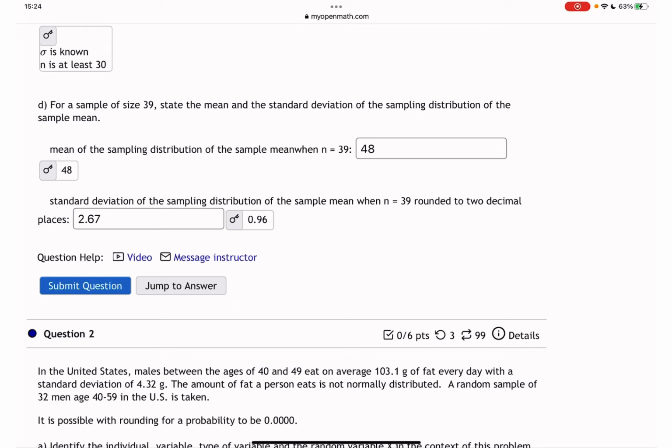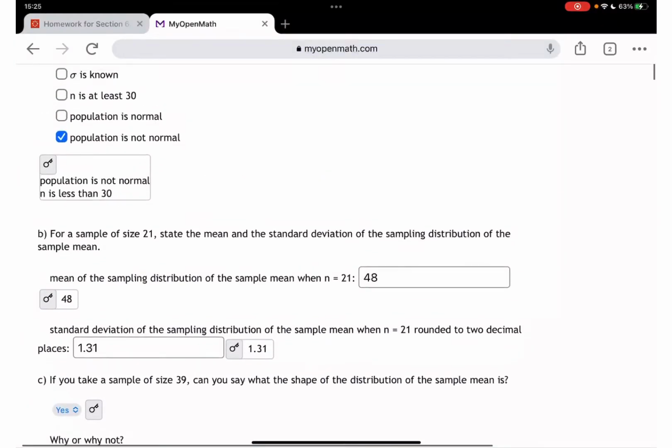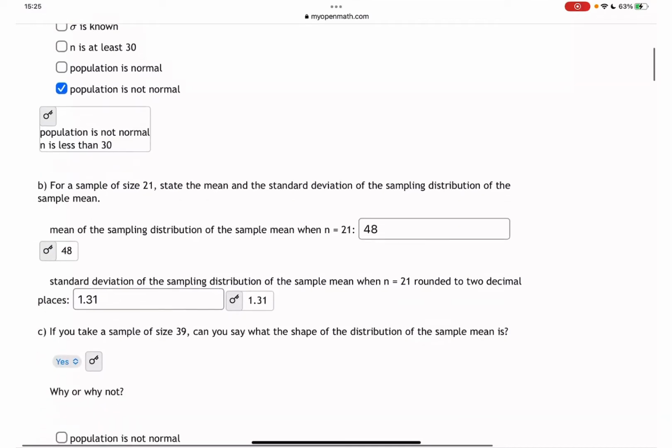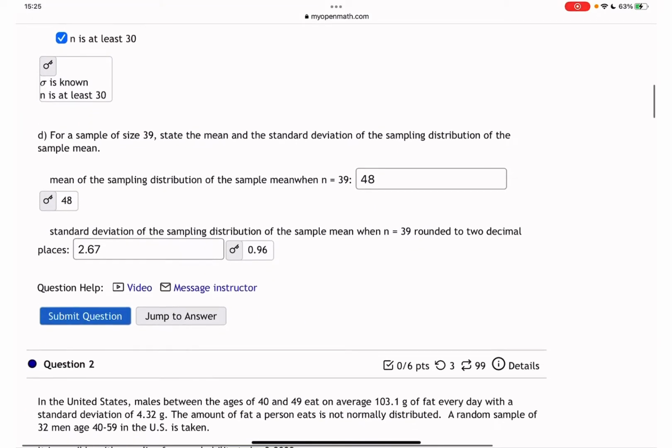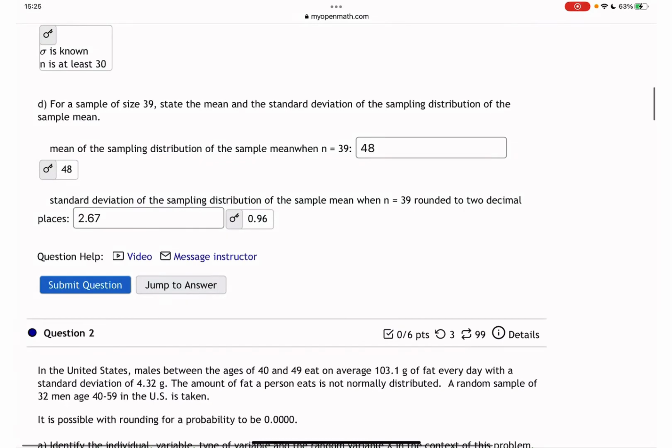Let me clean this. 39 and square root: 6.245. Okay, 6.245. Let me double check, the standard deviation is 6. Okay, 6 divided by 6.245. Yeah, it cannot get 2. So we take 6 and divide by 6.245. 0.96.